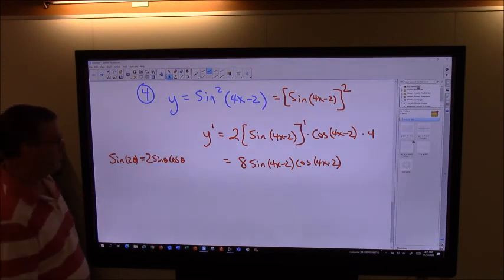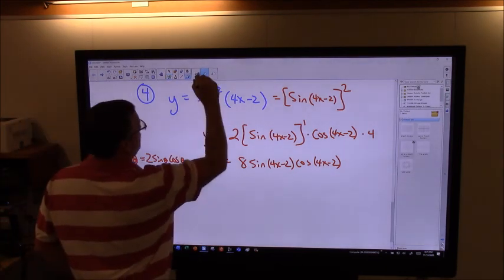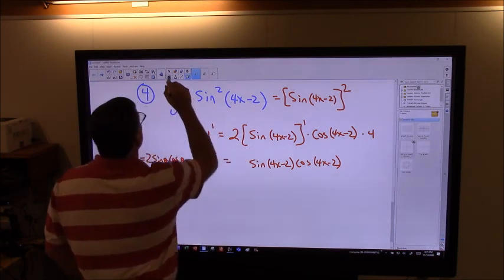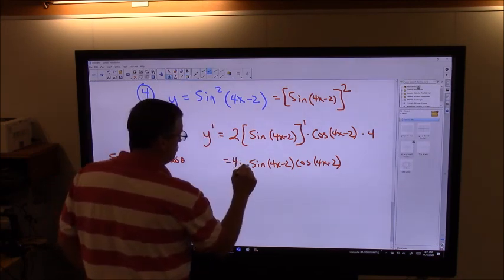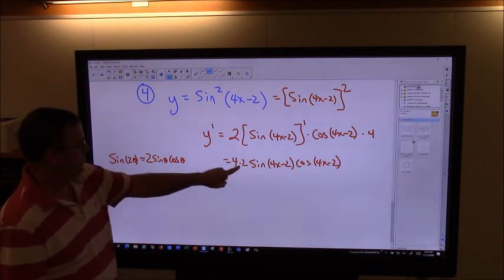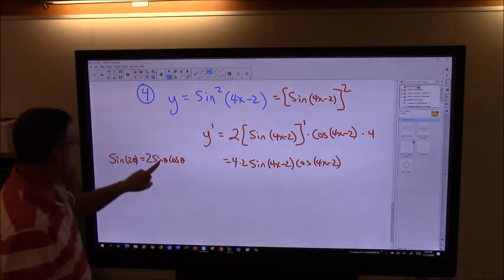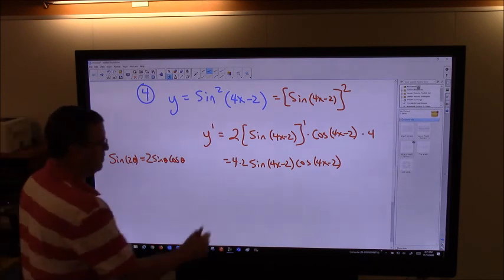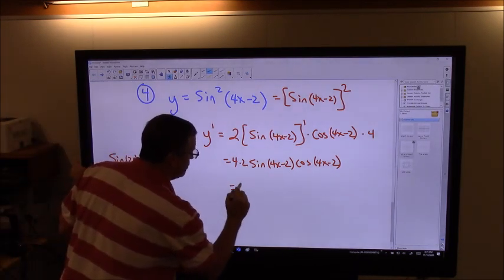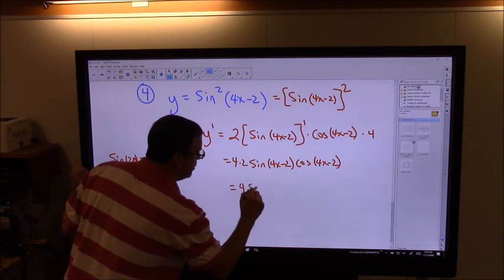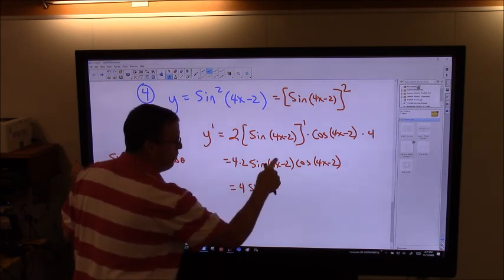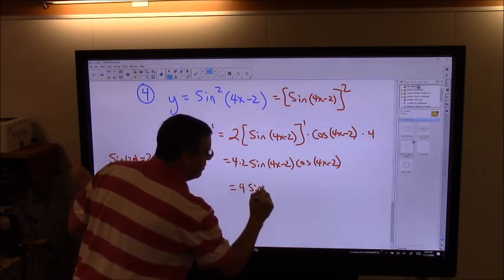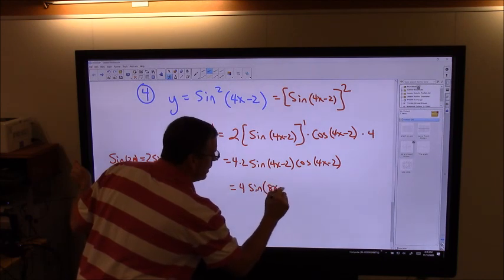So if I made this 4 times 2, then 2 sine theta cosine theta is really equal to sine of twice that angle. So our book may say the answer is really 4 sine of twice this angle, which would be 8x minus 4.